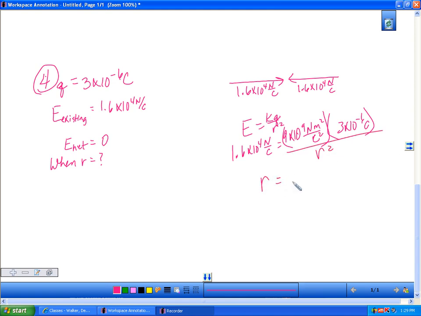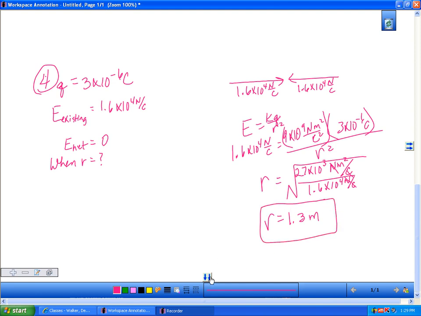So when I did that, I got r to be the square root of, okay, so I have this times this, which gives me 27 times 10 to the 3rd Newton meter squared over Coulomb, and I'm going to divide it by 1.6 times 10 to the 4th newtons per Coulomb. So I'm going to take the square root of that division, basically. And when I did that, I said, well, I have to have my little tiny charge 1.3 meters away from my existing electrical field.